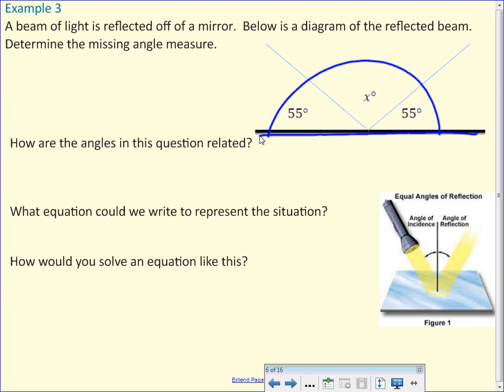So if you add 55, but tell me how they're related first. Don't tell me how to solve x. Tell me how those three angles are related. Go back and look at how we answered the question the last two times. If you add that and then you add x to it, it might equal 180. All right, well, these angles form a straight line.